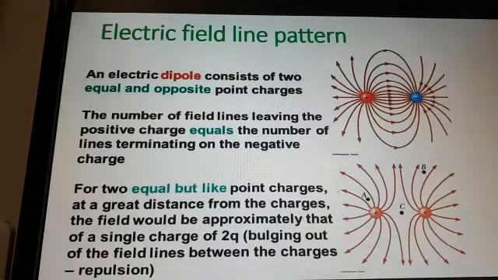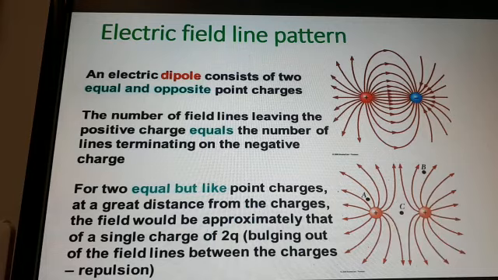Now electric field line patterns. The electric dipole consists of two equal and opposite point charges. The number of field lines leaving the positive charge is equal to the number of lines terminating on the negative charge, because the charges are equal in magnitude and opposite in sign. Here, see the like charges: they repel each other.